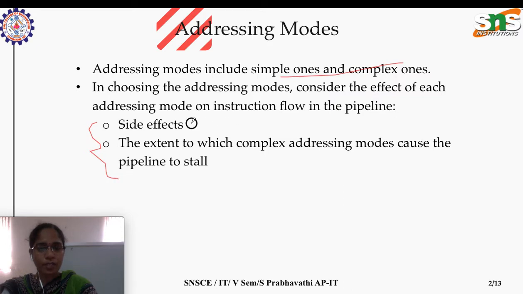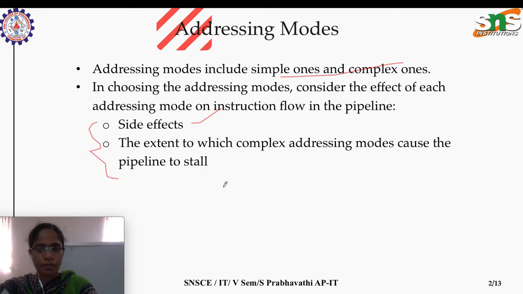One is the side effects, meaning data dependencies like the add with carry instruction, push instruction, and pop instructions. We have already covered some of these side effects. The other is the extent to which complex addressing modes can cause the pipeline to stall.